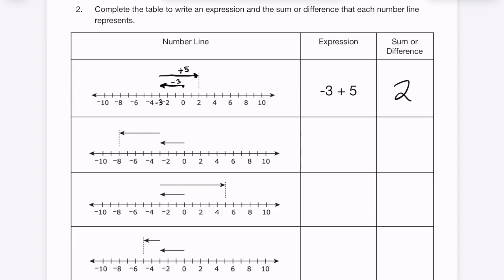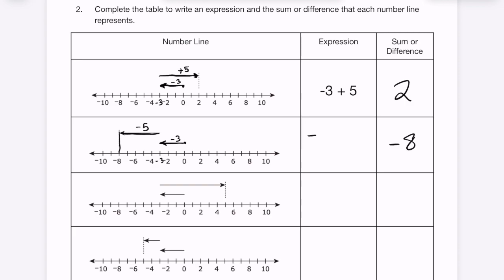Cool. For the second one, starting here at 0, we're moving again to the left 3. So this is at negative 3. And then we move to the left 5 spots, and we end up at negative 8. We could represent this 2 different ways.